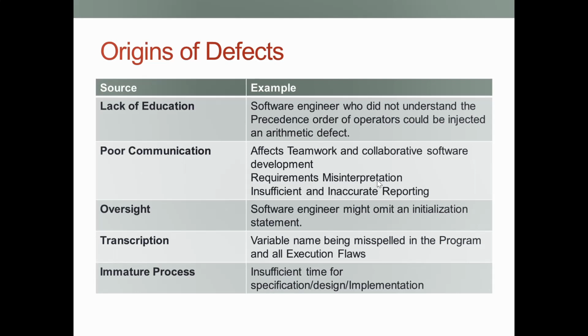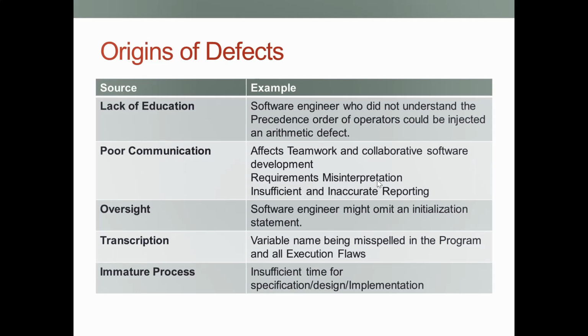When we analyze the different types of software defects, we come to know that there are 5 important reasons for the software defects. They are lack of education, poor communication, oversight, transcription, and immature process. Proper education is required by the software programmer.